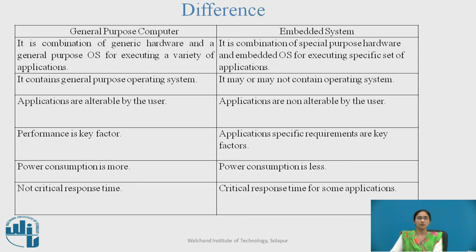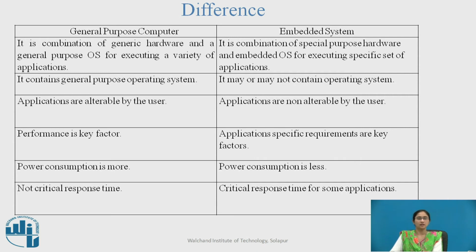General purpose computer contains a general purpose operating system. Embedded system may or may not contain an operating system. General purpose computer has applications which are alterable by the user. Applications of embedded system are non-alterable by the users.